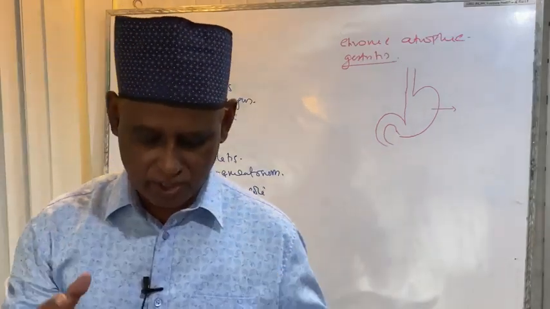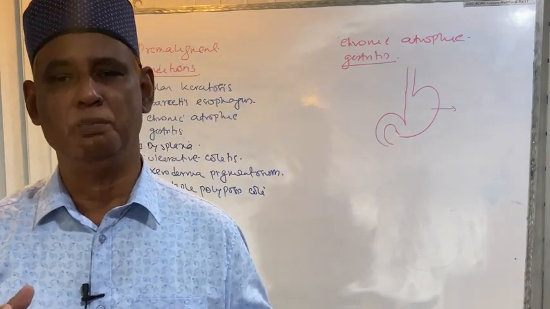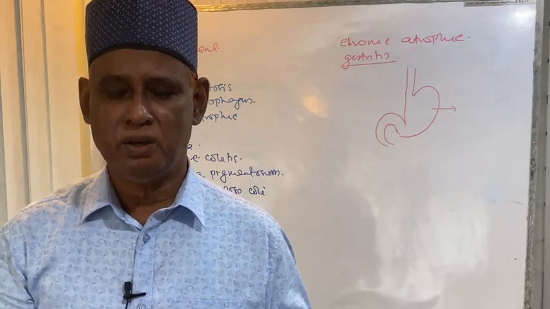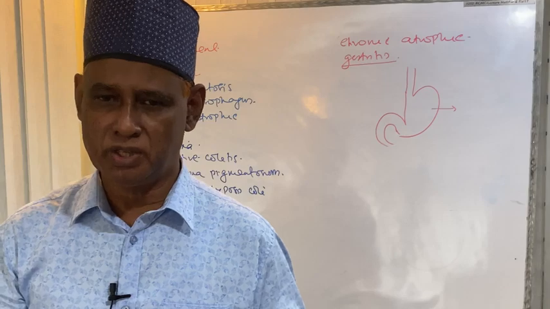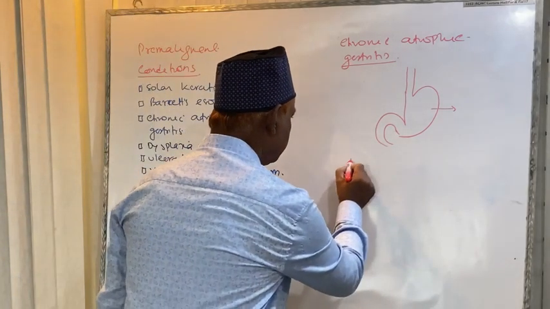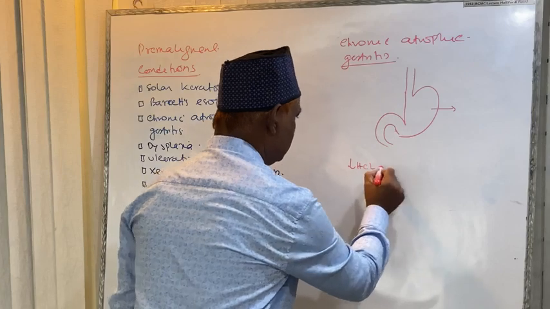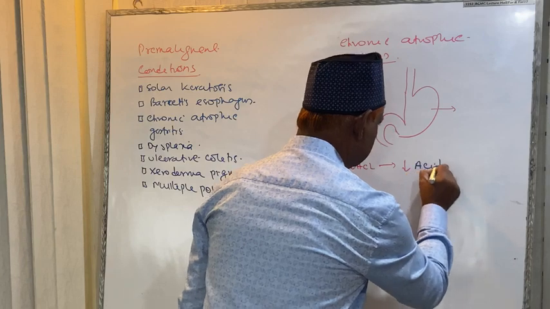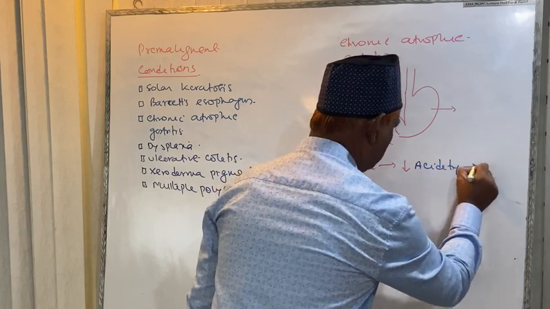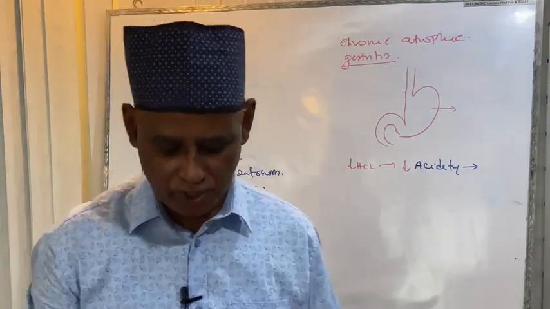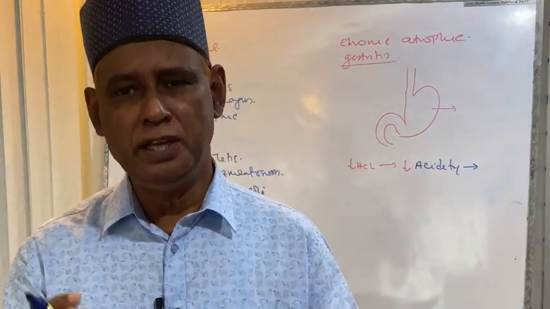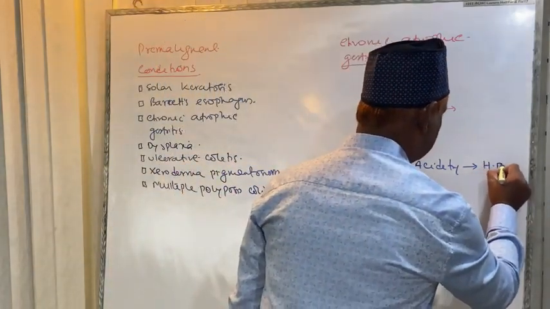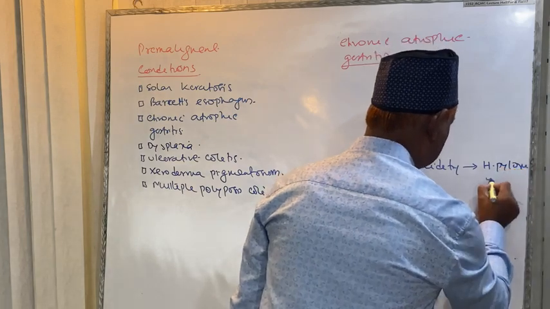There will be decreased secretion of hydrochloric acid and decreased secretion of intrinsic factor of Castle from the parietal cells or oxyntic cells of the gastric gland. As there is decreased hydrochloric acid secretion, there will be decreased acidity. And due to decreased acidity, Helicobacter pylori will grow.